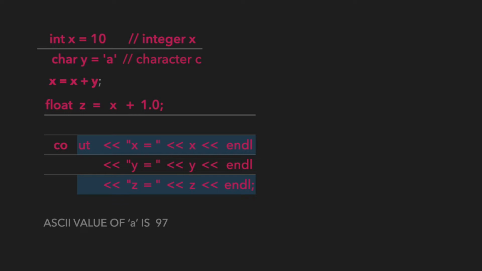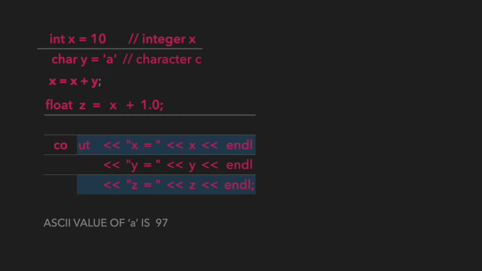Then we can see there is an initialization of z, that is equal to x plus 1.0. Now what is the value of x? x is basically 107. What if we add 107 plus 1.0? The output will be 108.0. The reason is that z is a float. That's the reason the value of z will be 108.0.